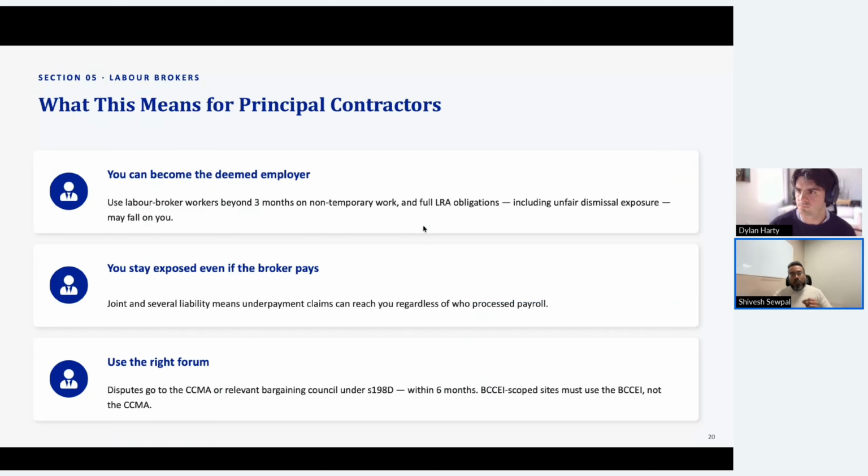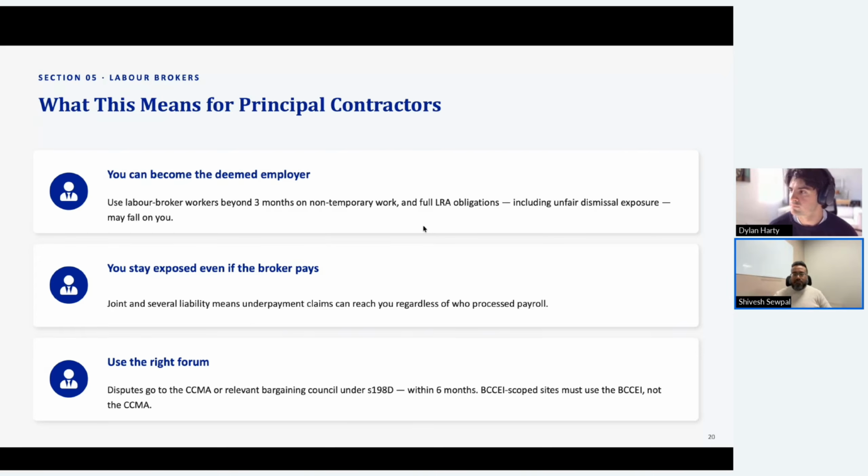So what does this mean in practice for a principal contractor or client? First, you can become the deemed employer. If labor broker workers remain on site beyond the allowed temporary period on work that is not generally temporary, you may inherit the full labor law obligations in respect of them.